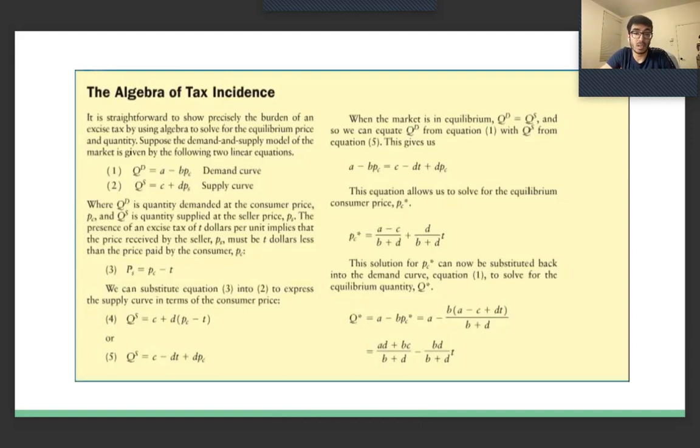Now in that case, instead of having two equations with a common P, now the P changes, right? Here, without the tax, PC and PS are the same. But with the tax, they're different.